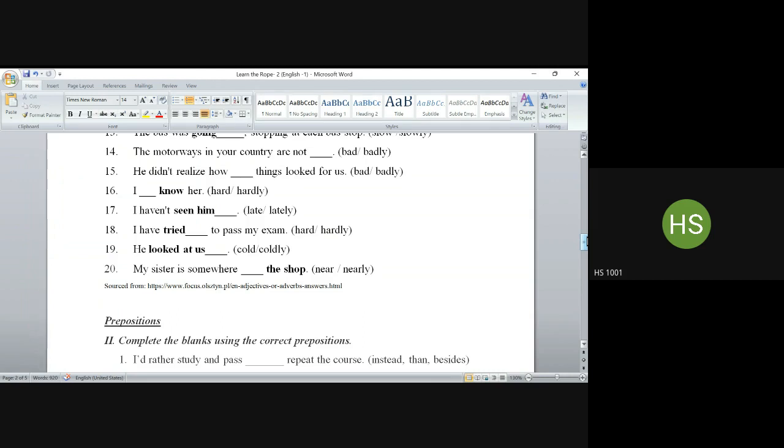Adverbs talk about manner, place, time, degree. So again, nearly and near are both examples of adverbs. Near is another word, just like hard, which can be used both as adjective and adverb.